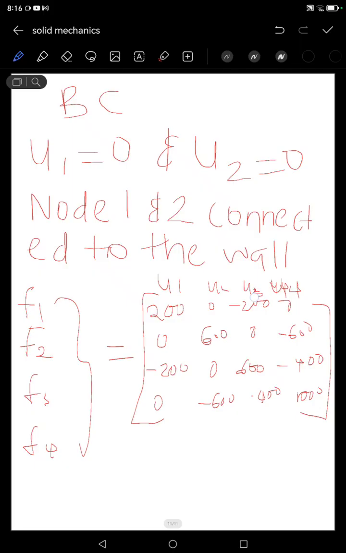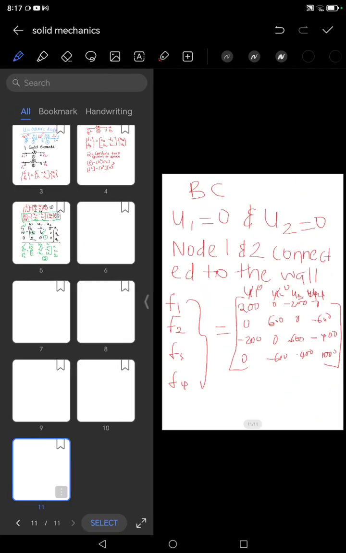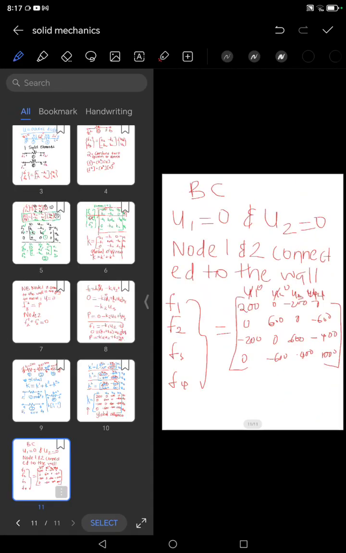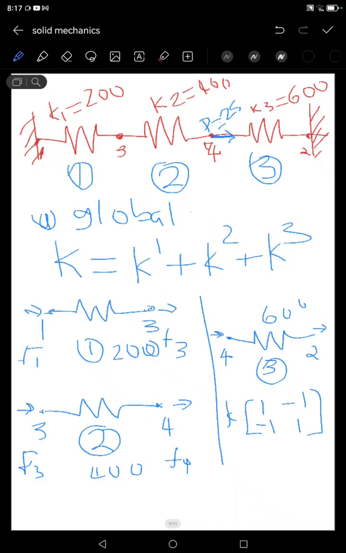Which means this one is going to be 0, and this one is going to be 0. Then let's see the forces that we have. We have a force at node 4, which is 25 kilonewtons.